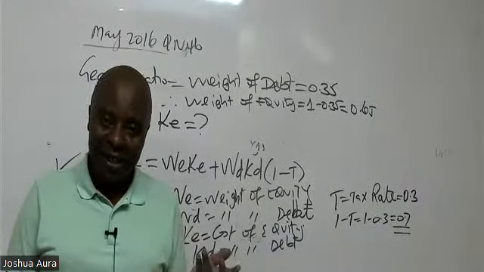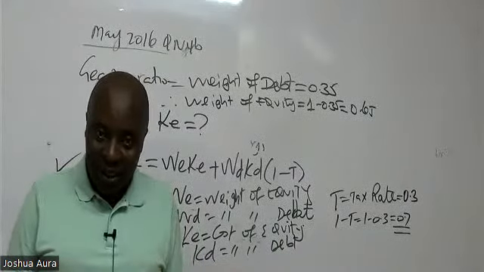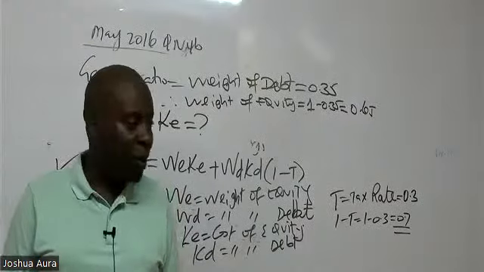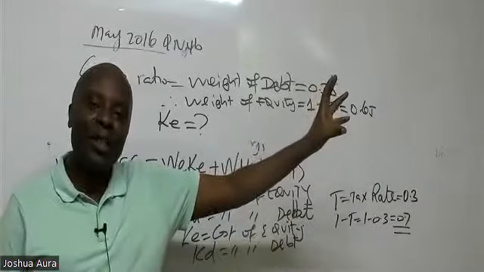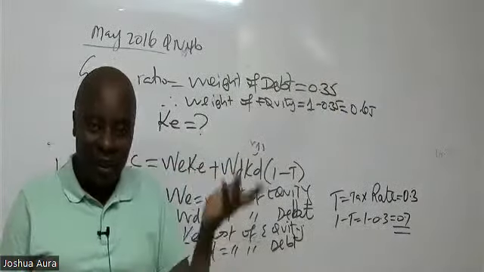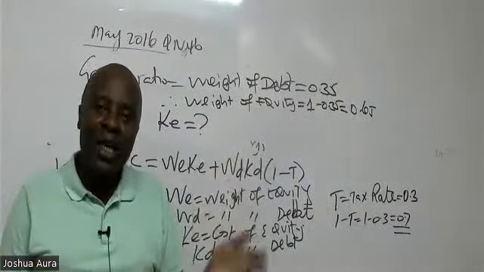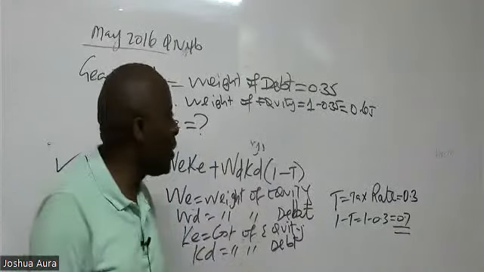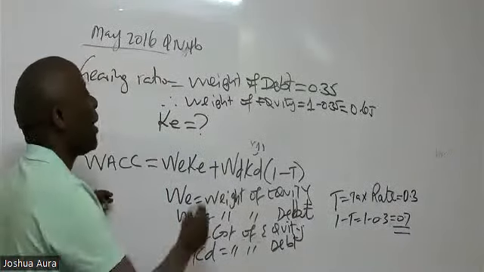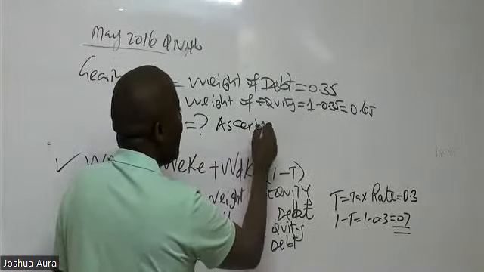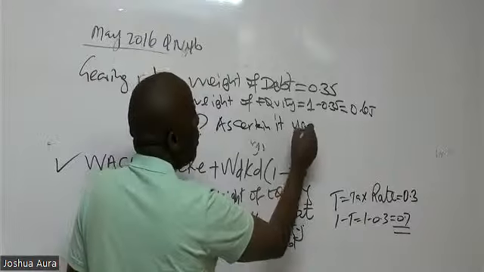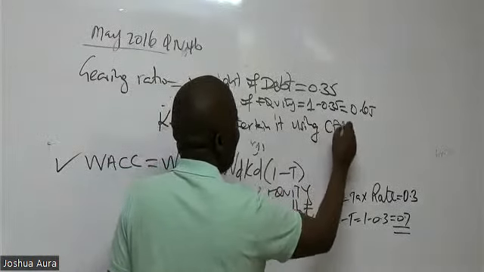For me, I know getting cost of equity is a simple thing. I could either decide to use the dividend valuation model, if information is given. But in most cases, cost of equity is ascertained. In this case, we shall ascertain it using CAPM.